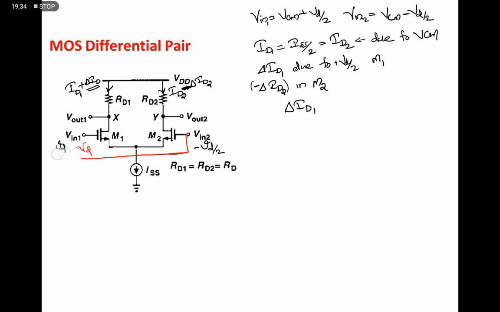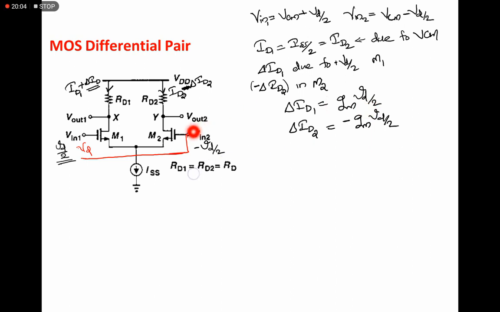Here it is plus VD by 2 we are assuming. Okay, so the value of delta ID1 becomes gm into VD by 2, the small signal analysis of MOSFET in terms of transconductance. So delta ID2, we will get, is minus gm into VD by 2 because we are applying a negative voltage at the second input.